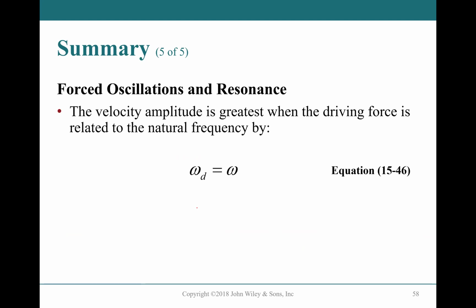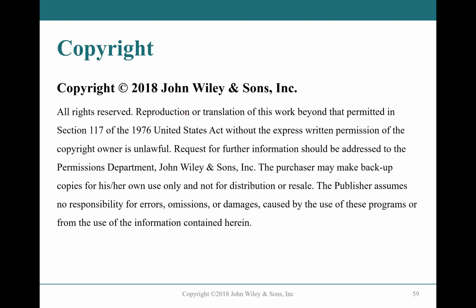And resonance happens when the frequency of the driving force equals the natural frequency. Usually I use omega 0 as the natural frequency. When the two frequencies are equal, you are going to have resonance, and a very large amplitude. Okay, so this is the end of this chapter, and we have one more chapter to finish.